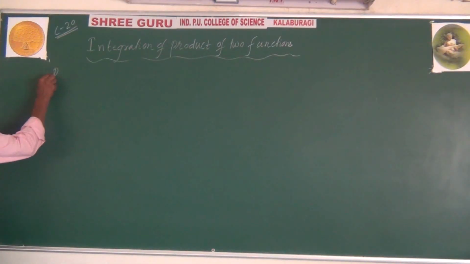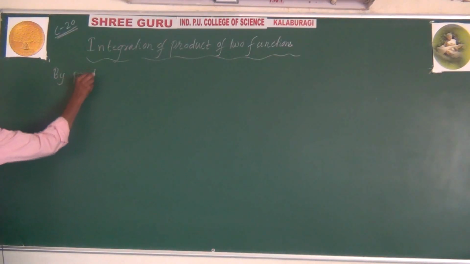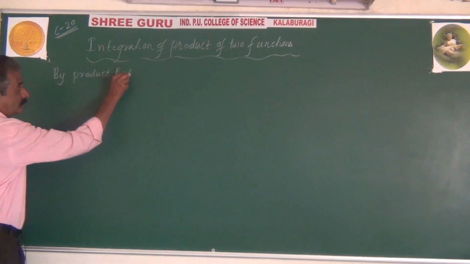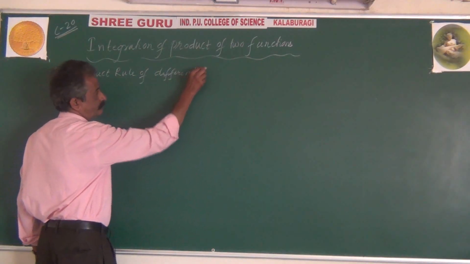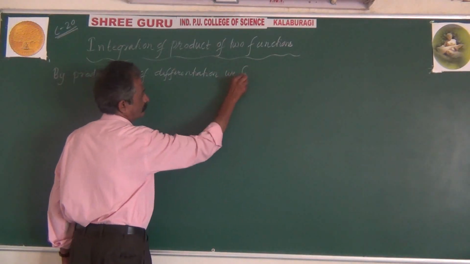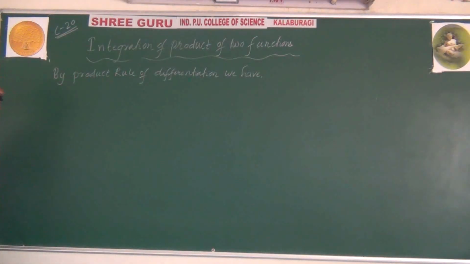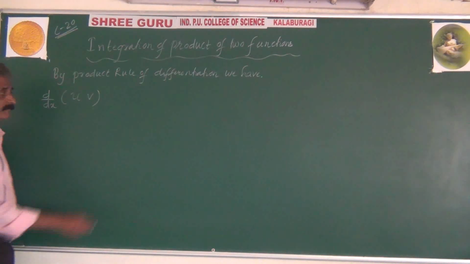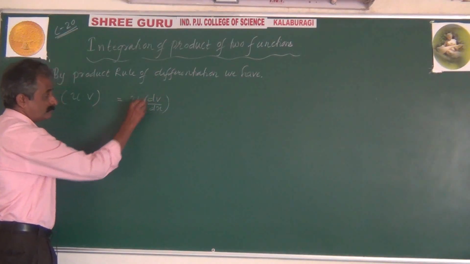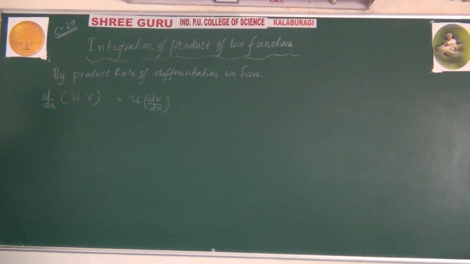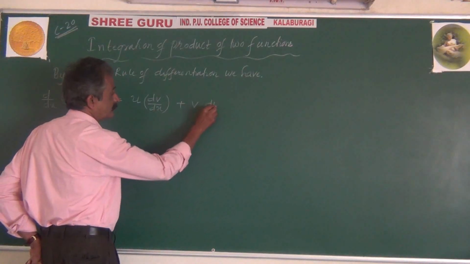Right. By product rule of differentiation we have: d by dx of u into v, that is differentiation of product of u function with v function, is equal to u into dv by dx, means first function into differentiation of second, plus second function into differentiation of first.